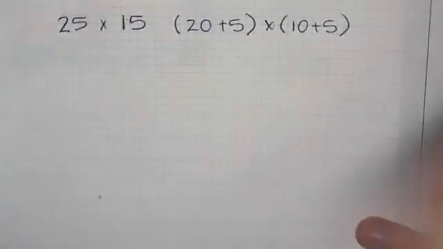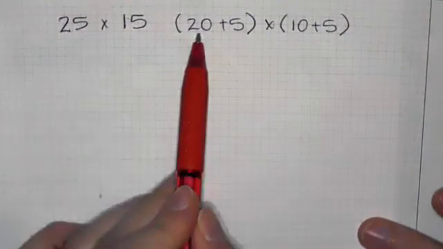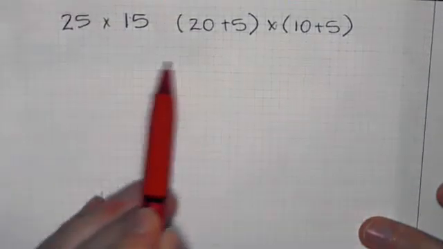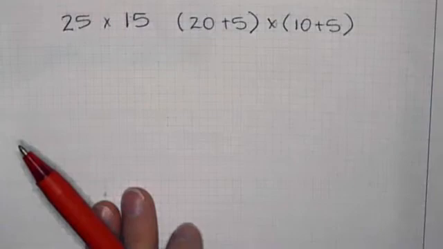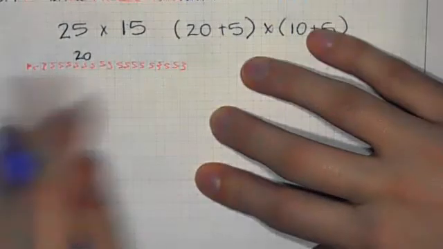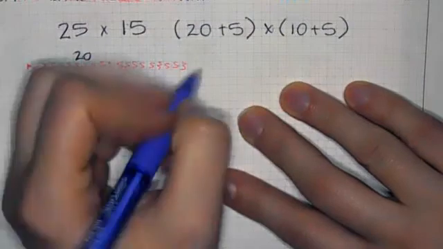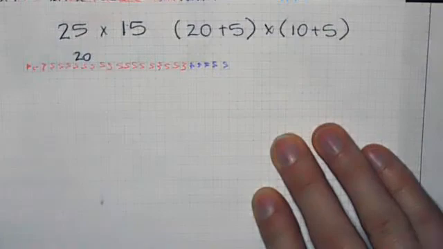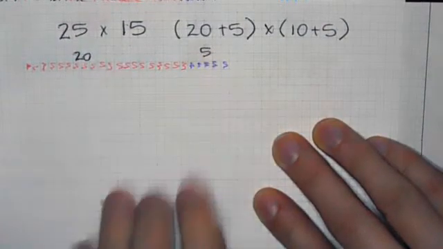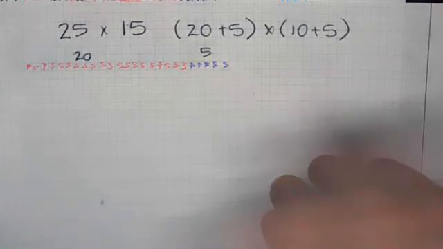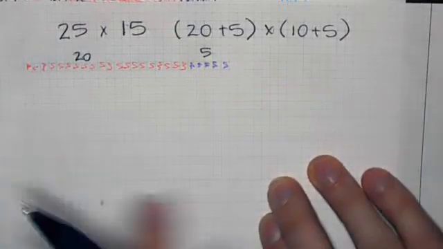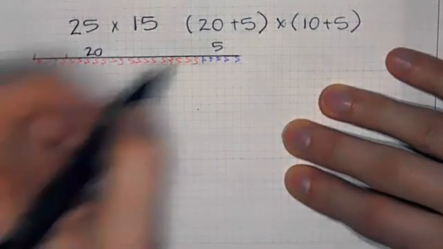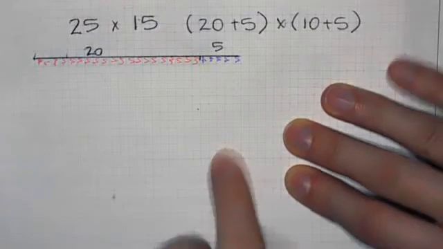All right, starting off, I'm going to do 20 going across. So I'm going to shade 20 red units going across. Now that I have 20 going across, I'm going to do 5 more across, and then I need to label that. I'm going to put a line right here to start breaking up my area model, that way I'm not getting confused. I make a little break between the 20 and 5.